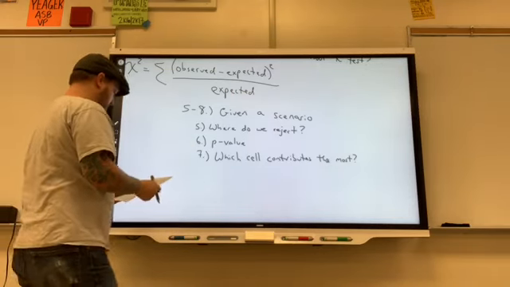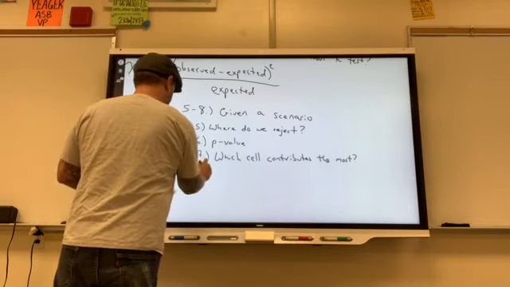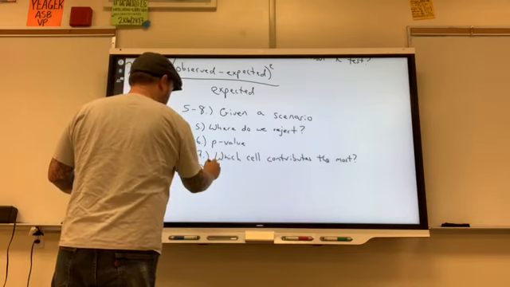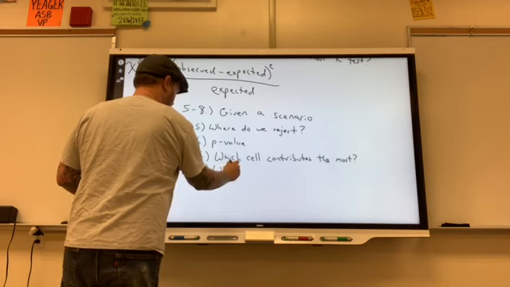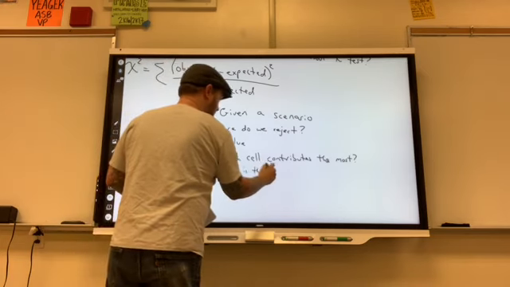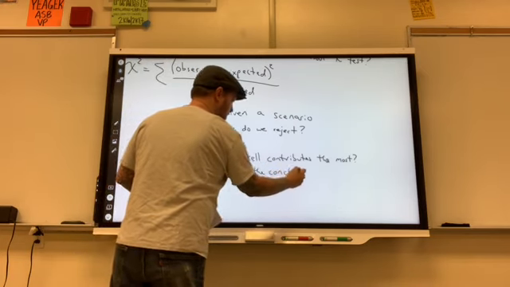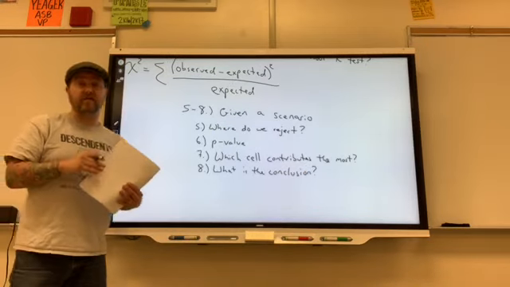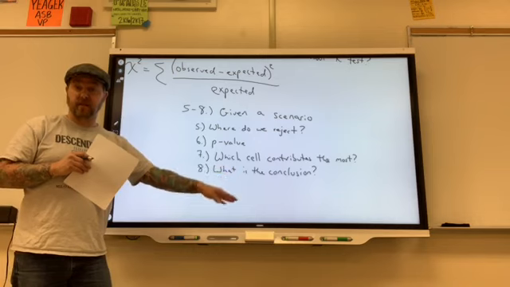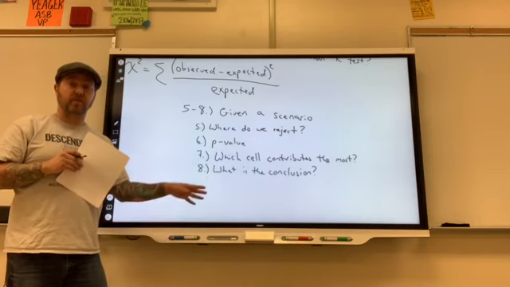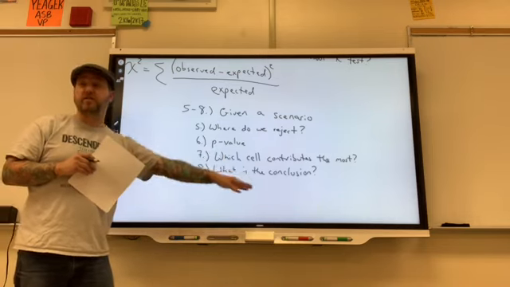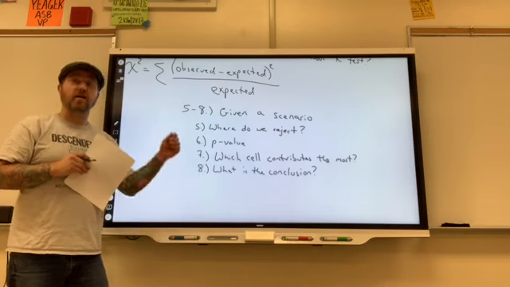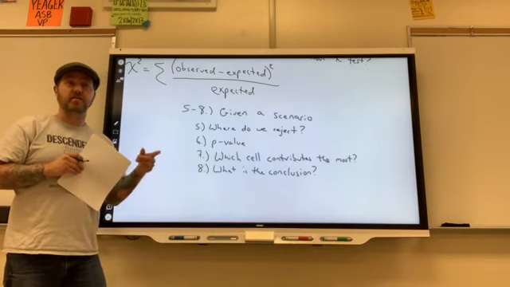Number 8. What is the conclusion? You're going to have to tell me reject or fail to reject, and you're going to have to interpret that in the context of the problem. So if this is an association independence and you reject, what does that mean?